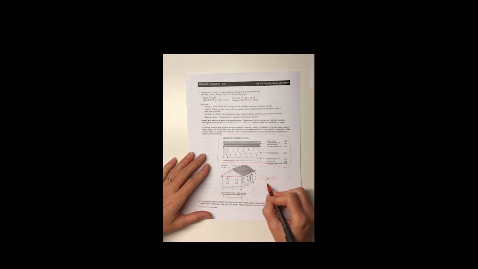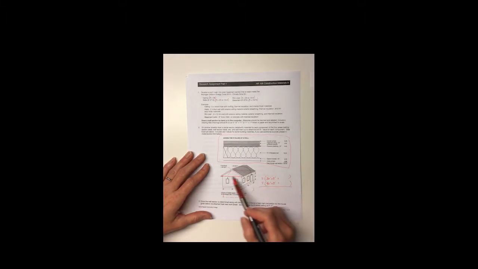Then we would have 40 feet times 8. And that's going to give us another value that we're going to multiply times that. And that gives us the total area for the exterior. So there's a value there.